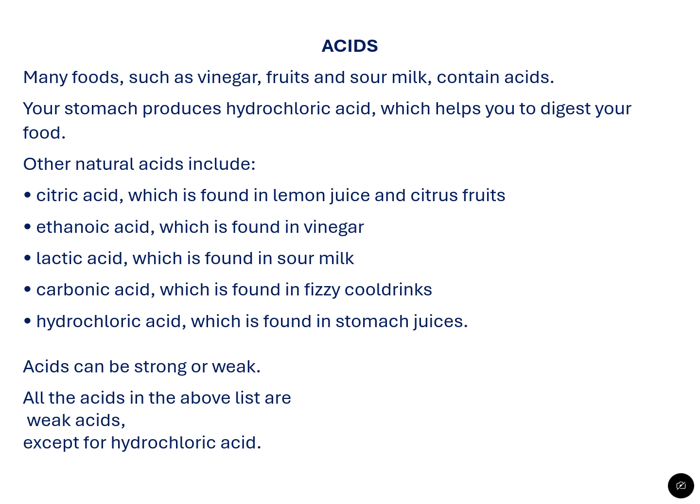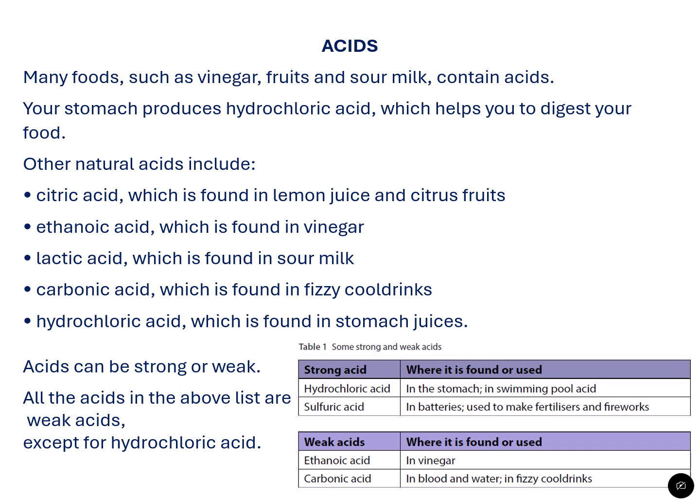Now, the weak acids are citric acid, which is in citrus foods, fruits, and lemon juice, ethanoic acid, which is in vinegar, lactic acid, which is in sour milk, carbonic acid, which is found in fizzy drinks. Hydrochloric acid, I said, is a strong acid. That is why you suffer from acid reflux, because that is too much acid in your body and it's not good for you. So, you need to have a balanced diet so you do not suffer from acid reflux.